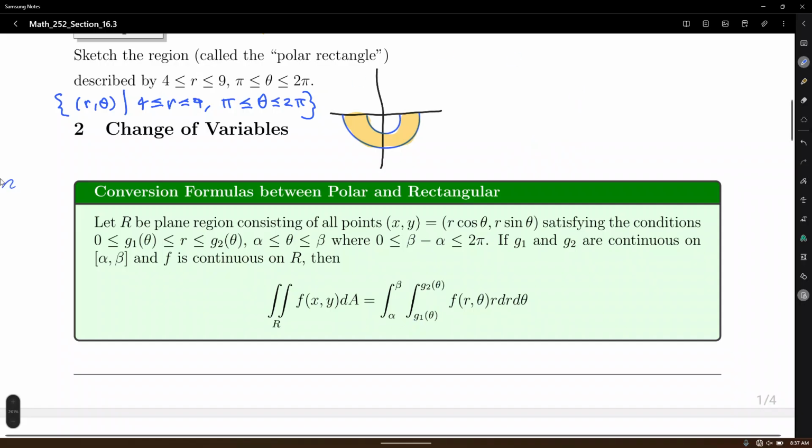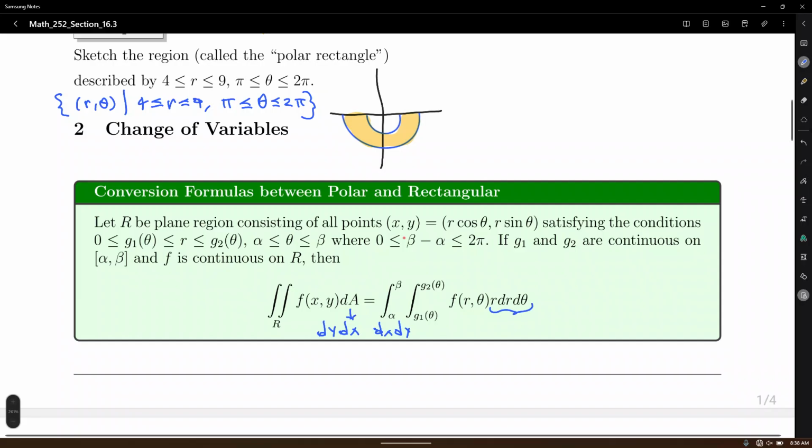So, what are we going to do? We're going to make another change of variables. dA, which is either dy dx or dx dy, is going to be changed from the world of xy to the world of r theta as r dr d theta. I'm going to show you where this is coming from. Well, number one, let's have a look at this very generic integral, the generalized form.